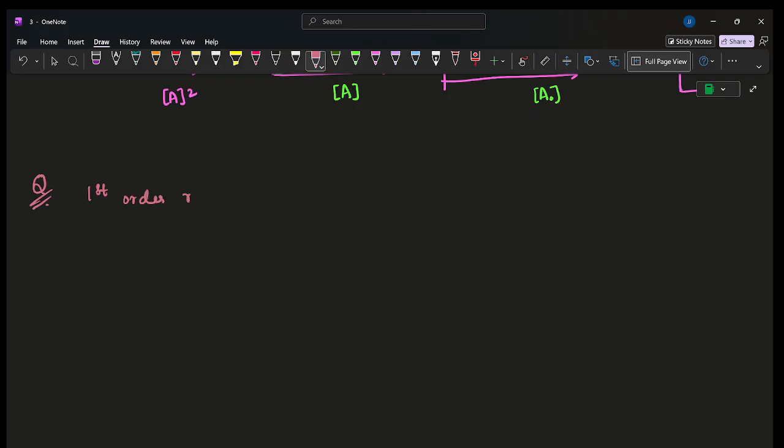For a first order reaction, they've given a reaction as well. Okay, for a first order reaction of this reaction at constant volume and 300 Kelvin, the total pressure at the beginning and at time t are P0 and Pt respectively.